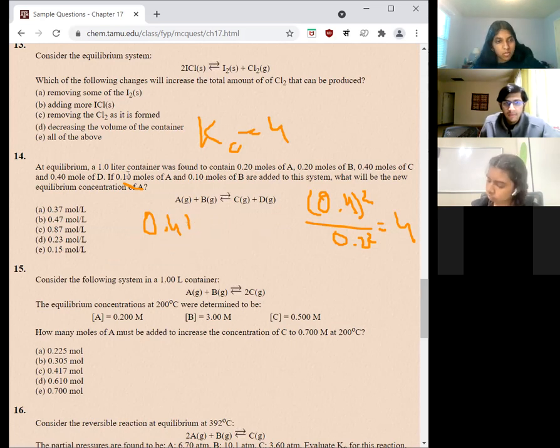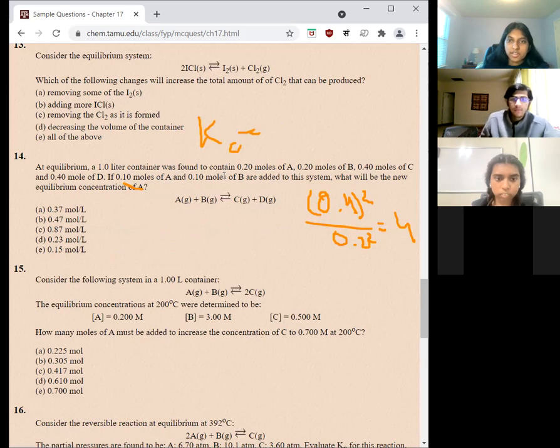Okay, so we're adding 0.2 moles externally in there, right? So it has to be equal to 4.